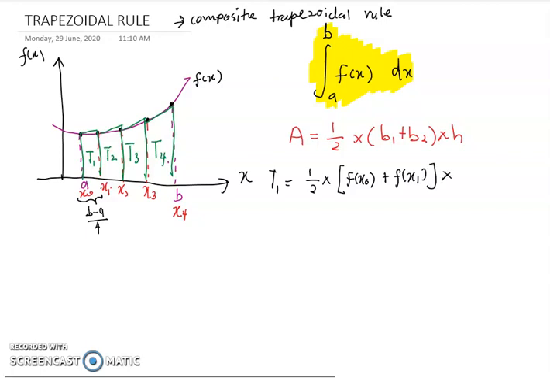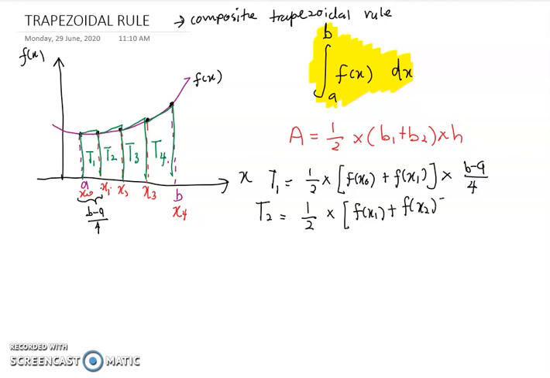So our h is (b minus a) over 4. For the second trapezoid, the area is 1/2 times (f of x1 plus f of x2) times (b minus a) over 4.